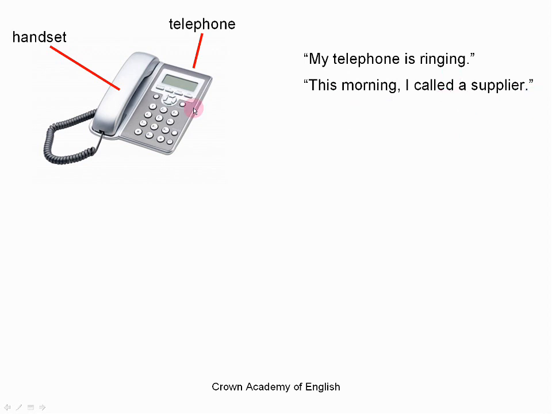This means that you picked up your handset and you dialed a number and you called a supplier, or you called a customer, or you called your parents. Okay? We can also say, I made a call. This morning I made a call.